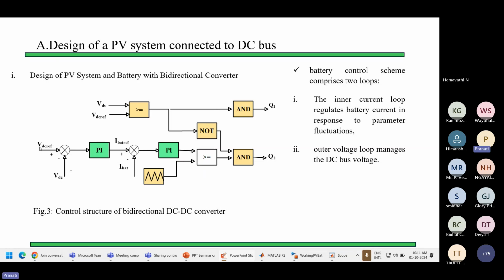This VDC reference is 70 volt. When it is compared with the DC bus voltage, it passes through a PI controller, which produces a reference value of the battery current. Now, this is compared with the measured value of the battery current. This is the external voltage control loop. This is the internal PI control loop.